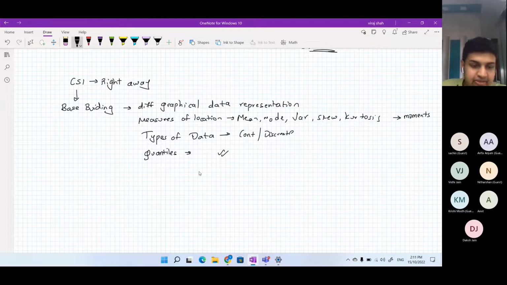Okay, then we'll be moving as skewness. Okay, from an actuarial perspective, mean, variance and skewness is the most important thing. So mean and variance is quite intuitive.